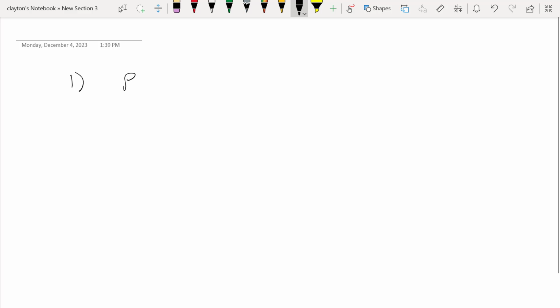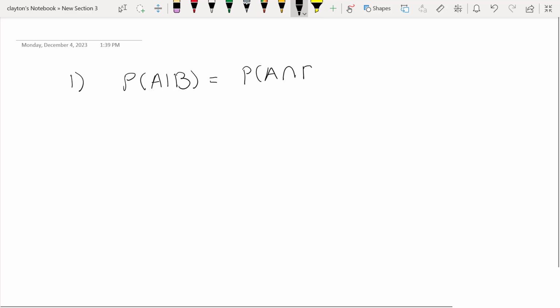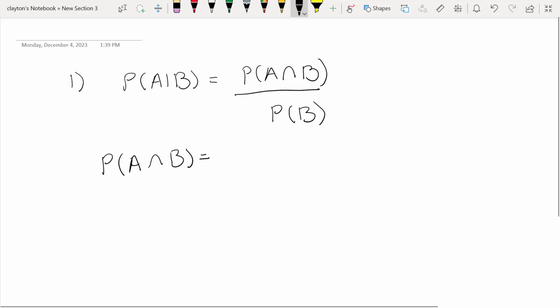So first one, number 1, the equation we're going to need here is the probability of A given B is equal to the probability of A and B divided by the probability of B. And in this case, for your number 1, it gives you the information that the probability of A and B is equal to 0.4, and it also tells you the probability of B, right?